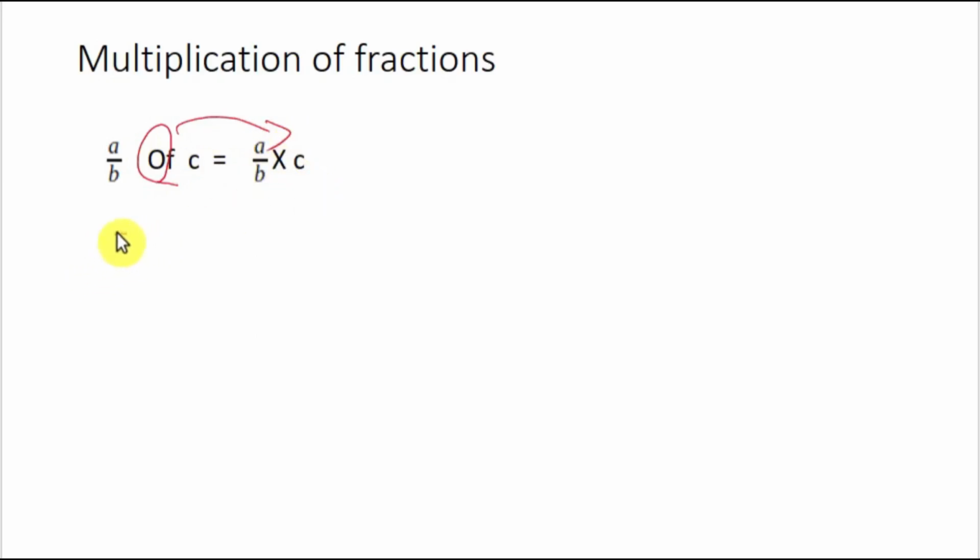Listen here. Suppose 2 by 3 of 5 by 4. 2 by 3 into 5 by 4 equal to 10 by 12. We have to reduce.